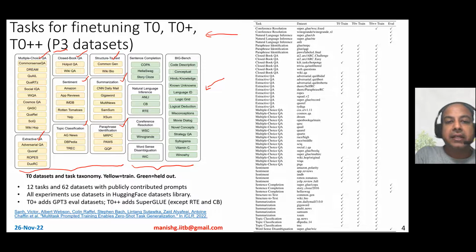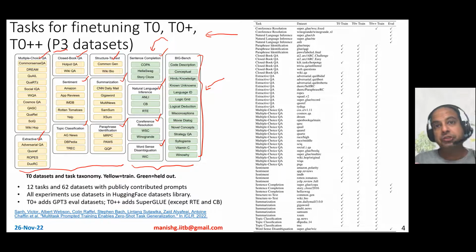The remaining tasks used for evaluation are these four: sentence completion, NLI, co-reference resolution, and word sense disambiguation, and then a whole bunch of tasks from the Big Bench benchmark. Note that this P3 data set, used for fine-tuning, is for the T0 model only.